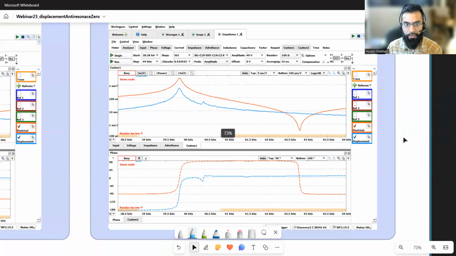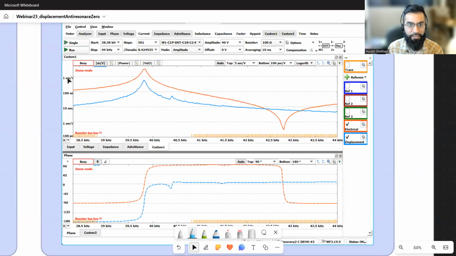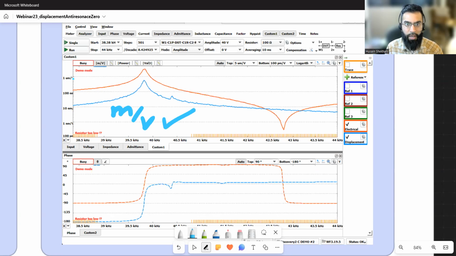Let's continue and finish this part here. Here I actually did the conversion. So this is meters per volt, and this is the correct conversion. If I corrected the conversions for the displacement, the electrical values are going to be wrong because it's the same plot.